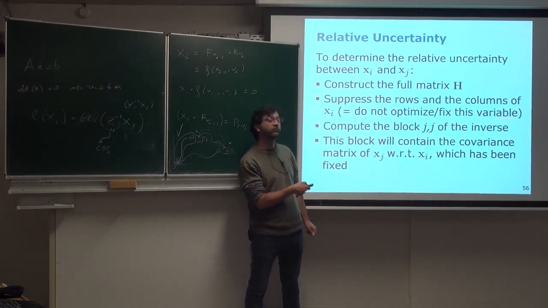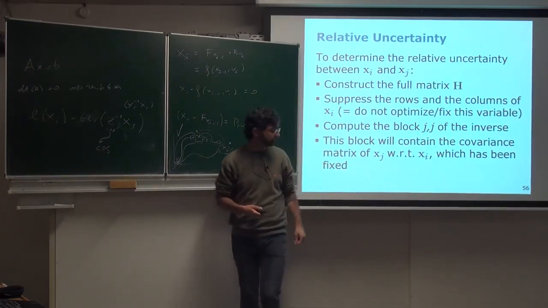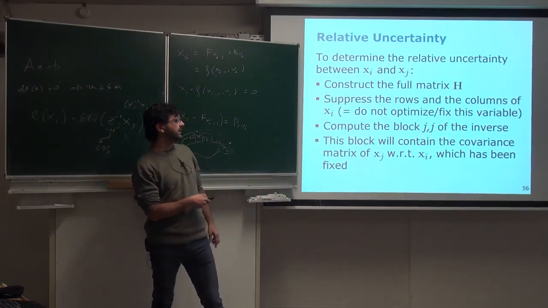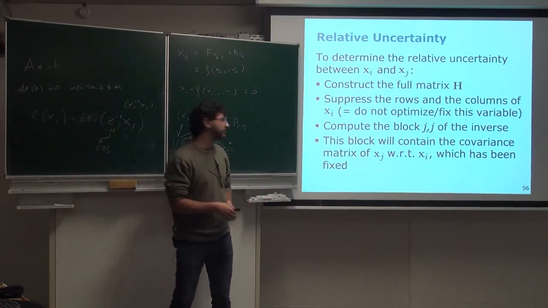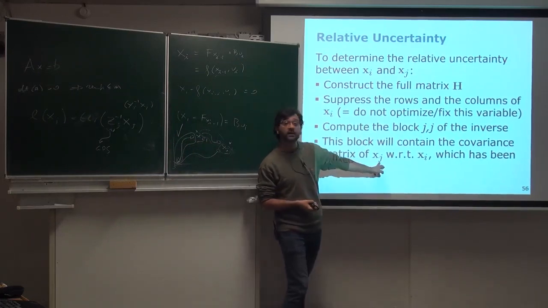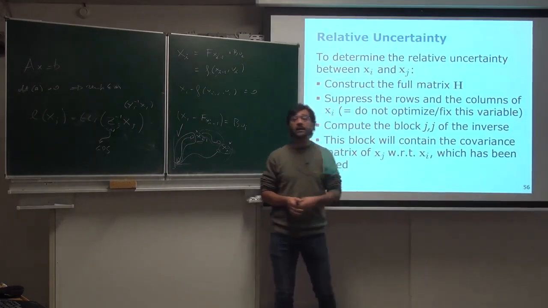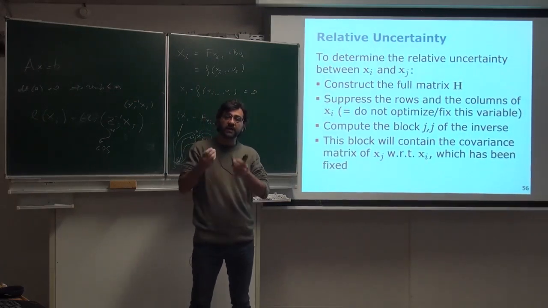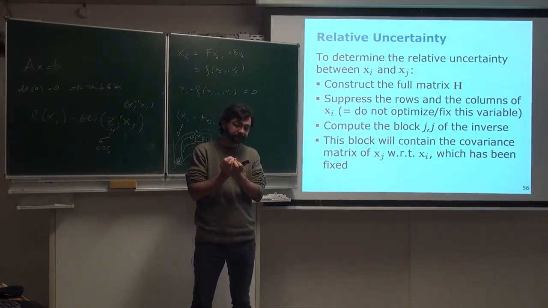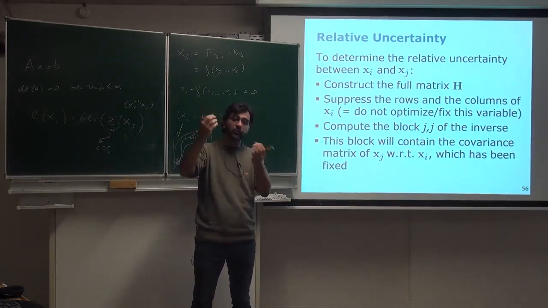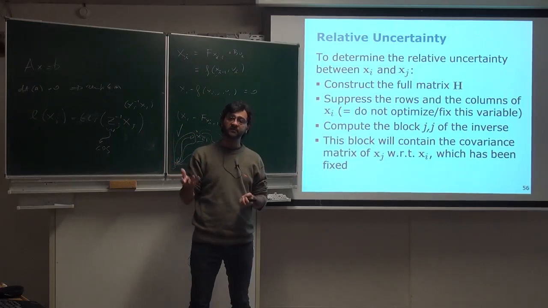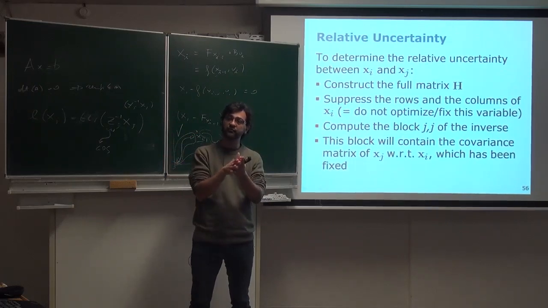So we don't really need to invert the H matrix for getting that. Once we have that, this block will actually have the covariance matrix of the node xj with respect to xi. Okay, and we can use this covariance matrix for data association, because whenever we know that two poses are too far away in statistical terms, we can exclude them from the scan matching to find the virtual measurement.